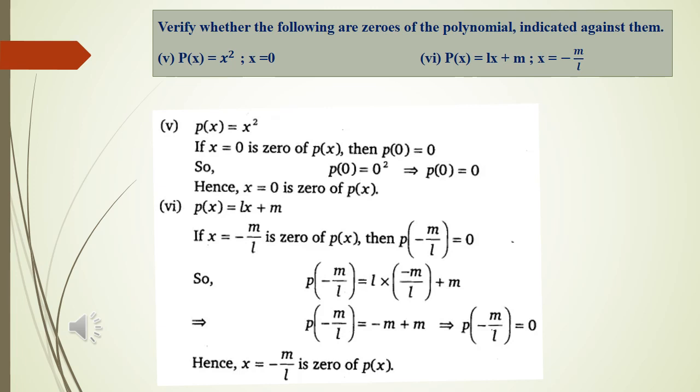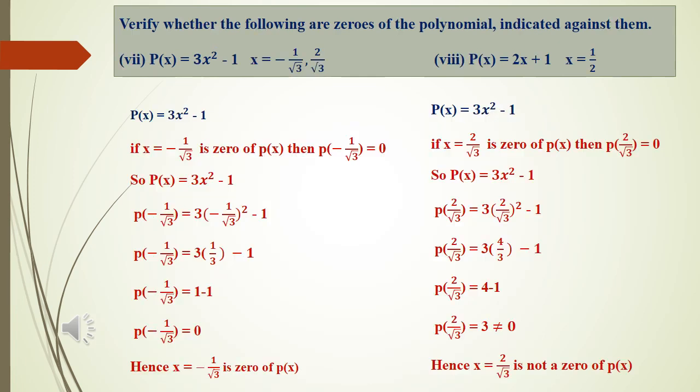Finally, we will get minus m. This added to m, the overall result is 0. Here again we are getting 0 for p of minus m upon l. So we can say that minus m upon l is a zero of lx plus m.